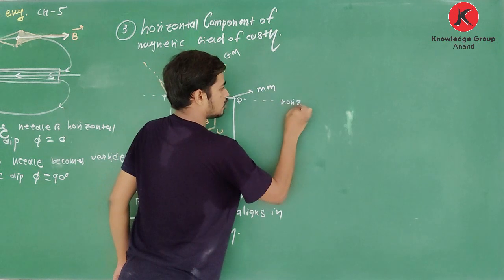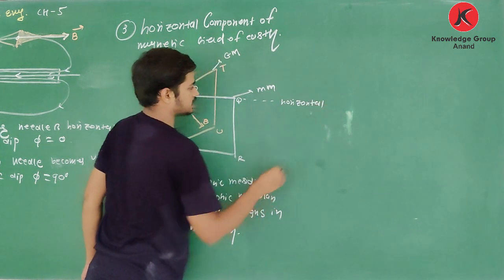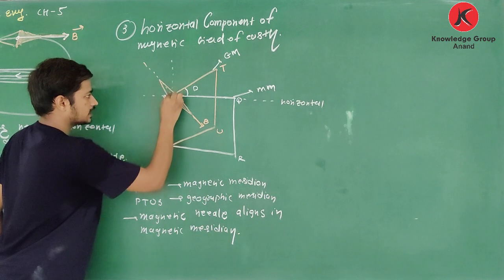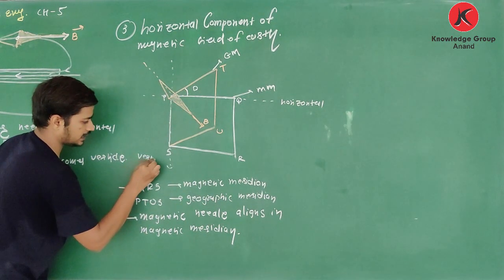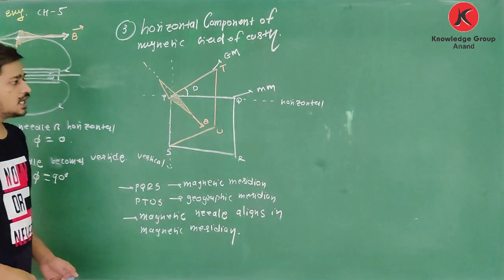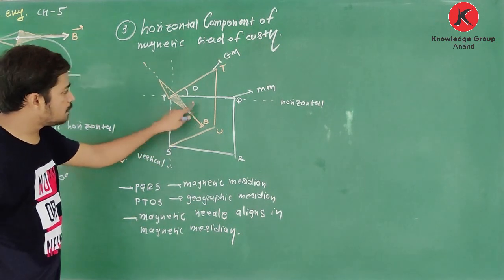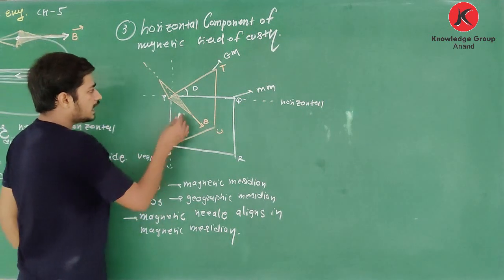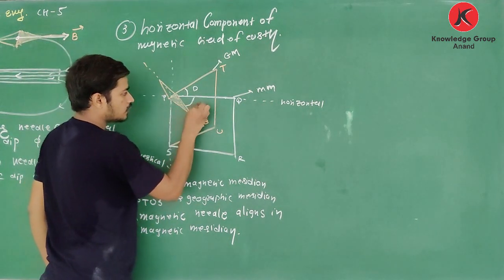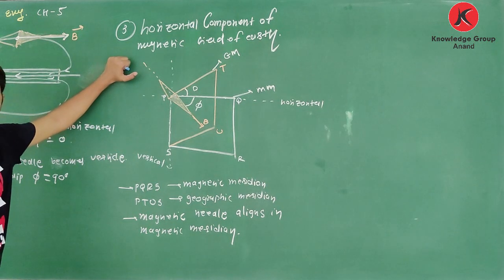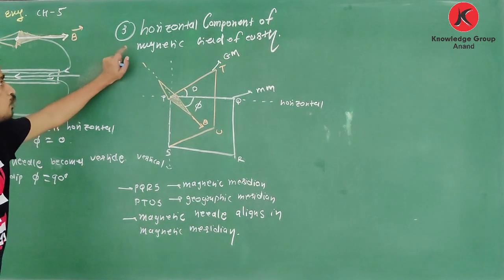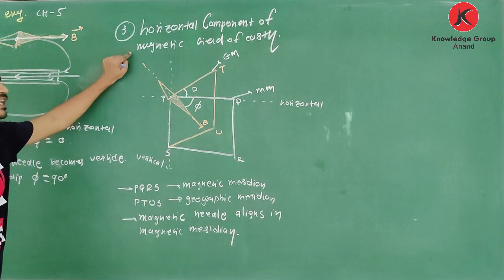And this is the vertical direction. So see, this magnetic field makes some angle with the horizontal, and we know that angle is called the angle of dip. Clear about this? Yes or no? So yes, what is the horizontal component of Earth's magnetic field?